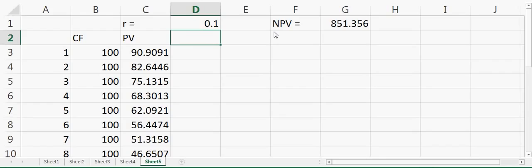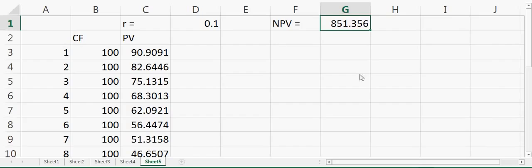Now we can go further and make it something else. Suppose now that we want to give money to someone, and he wants to pay you back in installments. How much installment should you charge him? Suppose 0.1 is the interest rate, which is 10%, and somebody borrows money from you.